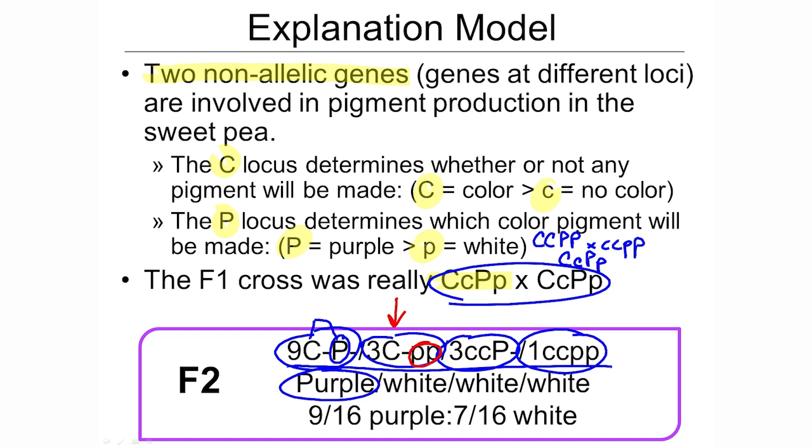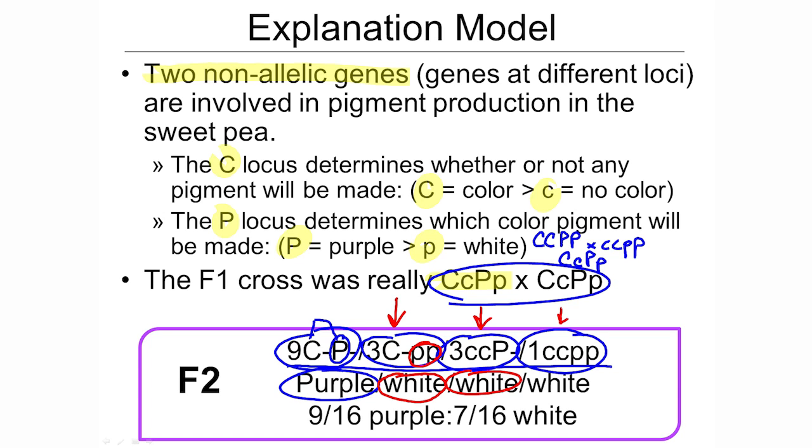That's a white flower, right? So this group is going to look white. For a different reason, this group is also going to look white. What's the reason? Because even though there's a big P there, the epistatic C locus is little c. That means we're shutting down the switch. I don't care what you have over there with your P's. You're not making any pigment, and that's looking white as well.